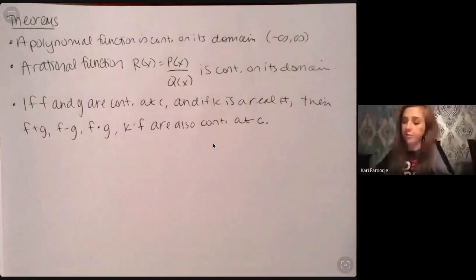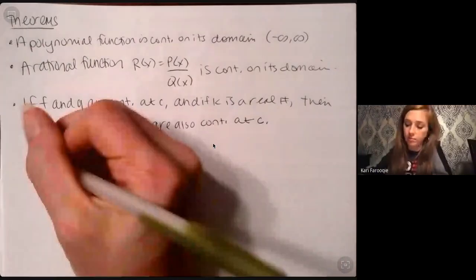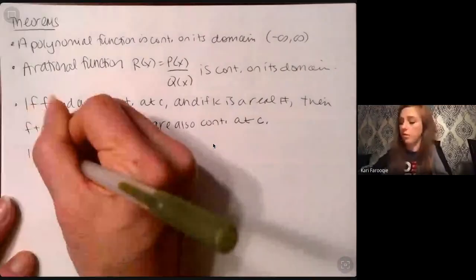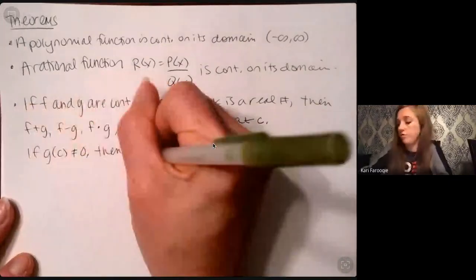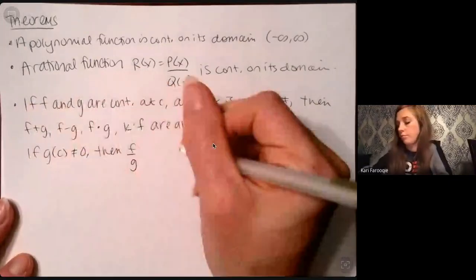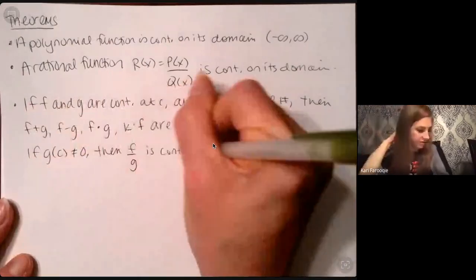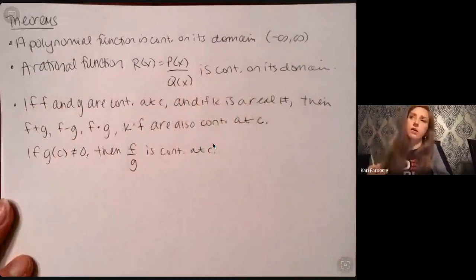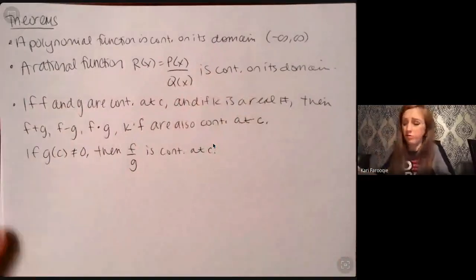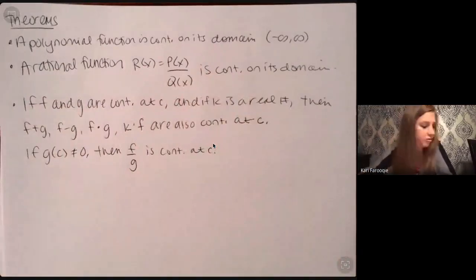If g of c is not equal to 0, then f over g is continuous at c. So remember, we can't divide by 0. We can say something about the composition of two functions. You won't use this one quite as often.